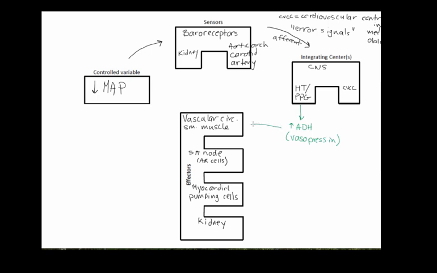So ADH has receptors on vascular, circular, smooth muscle, and when it binds with receptors, we get increased peripheral vasoconstriction. So we're going to be squeezing blood into that heart-brain loop.